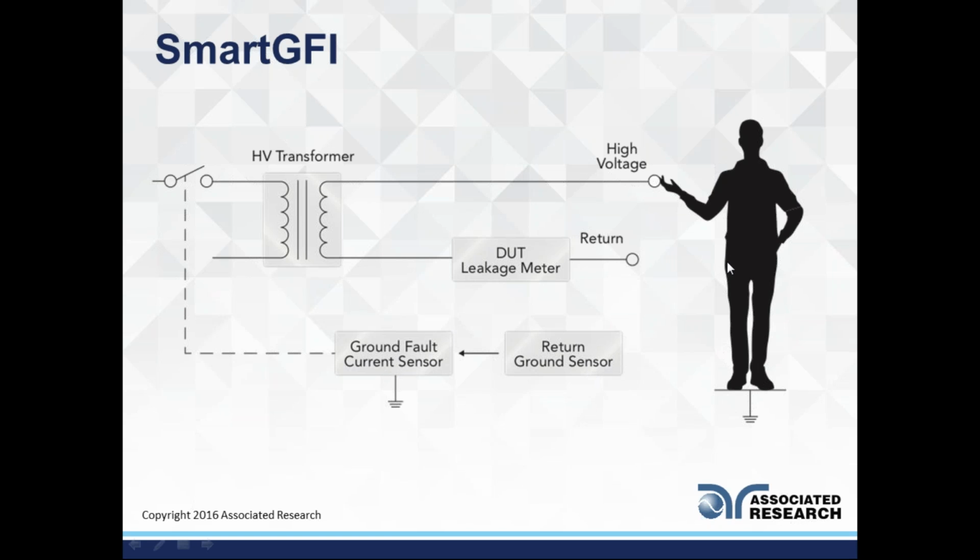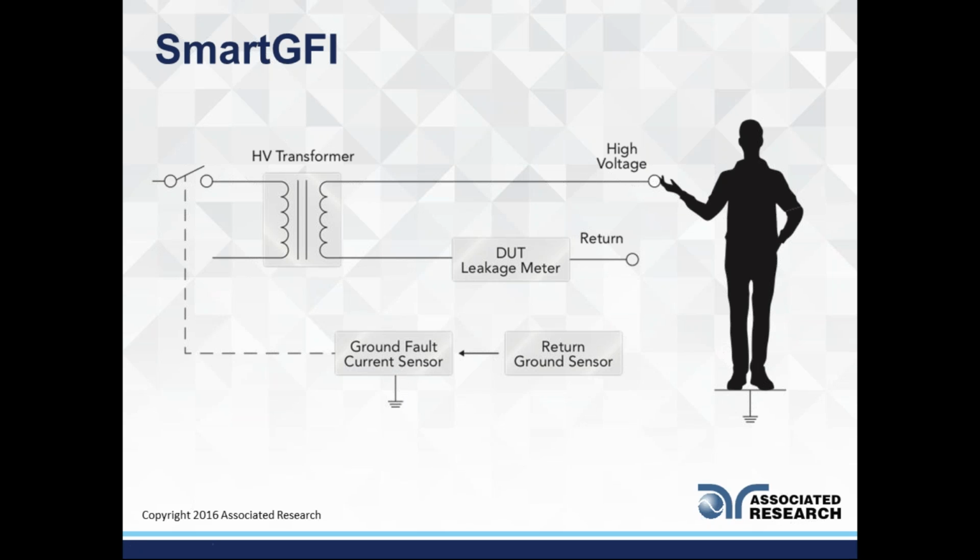What that is saying is the current that we lost that went through Adam here and now returned to Earth, your isolated transformer is going to see that current returned through ground, and it's going to set off your GFI, your ground fault current sensor. So it's a little bit complex on how it works, but current is missing. That missing current returns through ground. That's what triggers the GFI to activate.